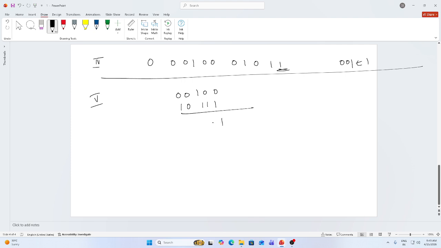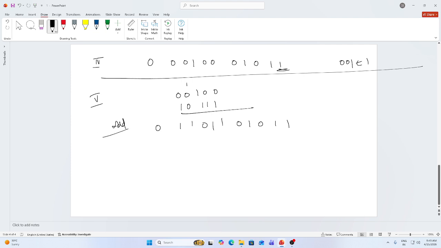So 0 0 1 0 0 1 0 1 1 1 1 1 0 1 1 1, and 1 1 0 1 0 1 1. This is the addition result.